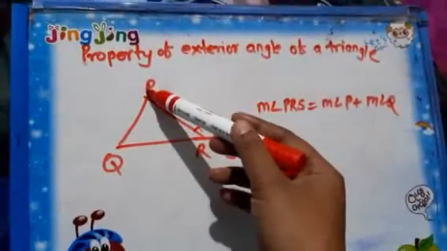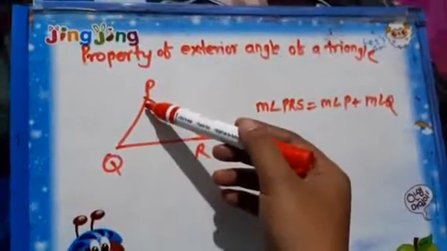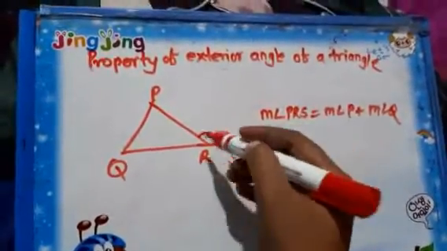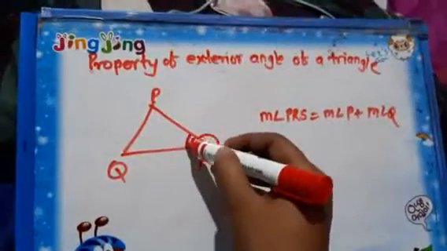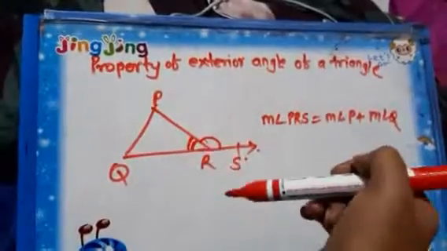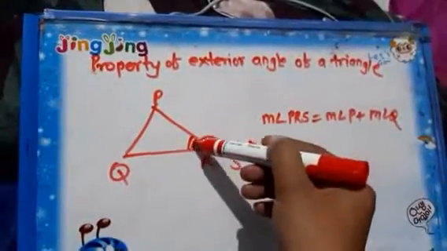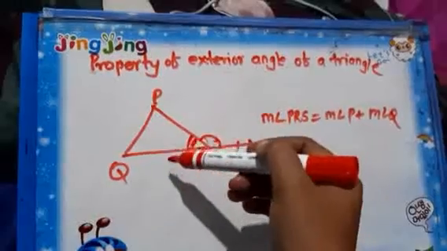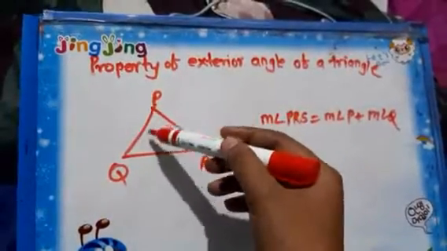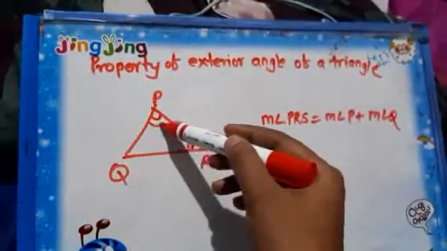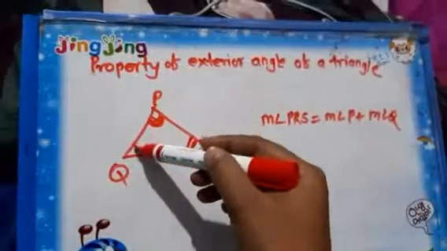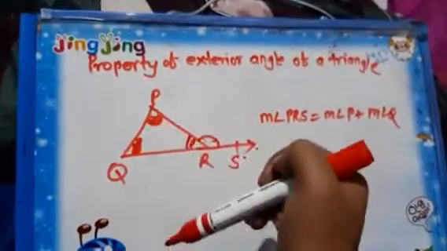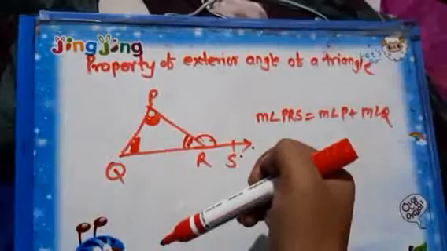For this exterior angle PRS, the adjacent internal angle is this one, PRQ. This is the internal angle which is adjacent to this angle. Now which internal angles are remaining? This and this one. So these two are called remote interior angles.